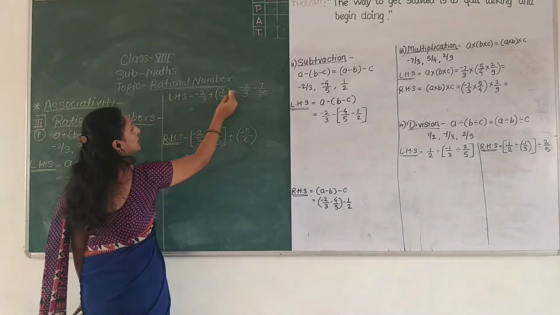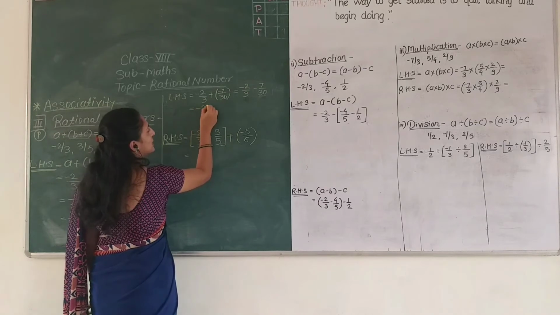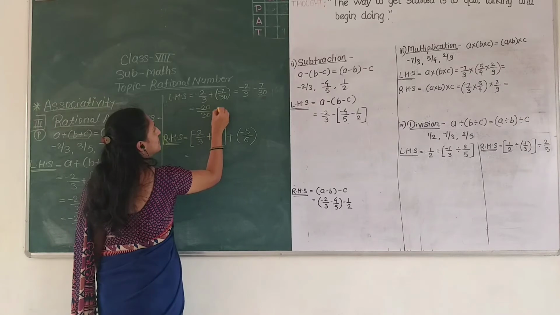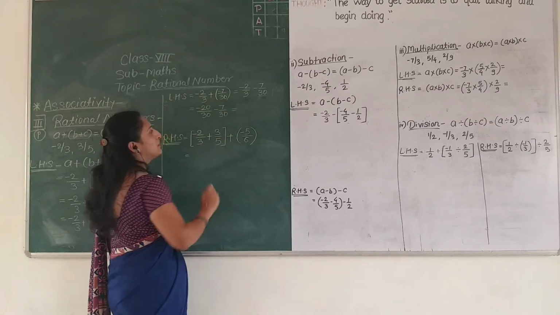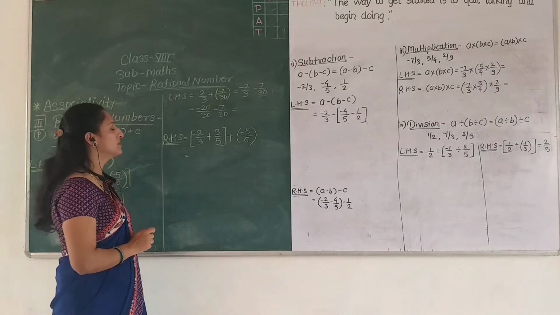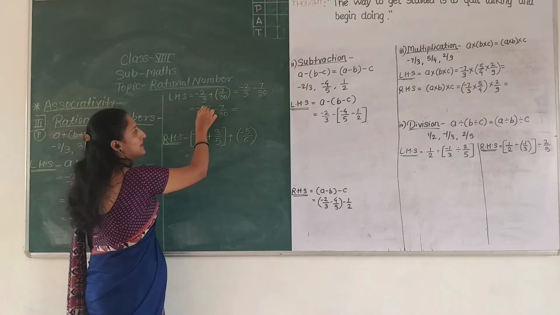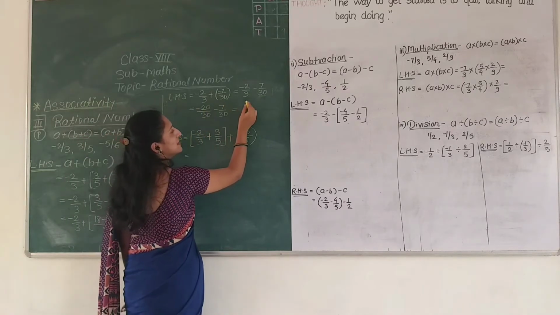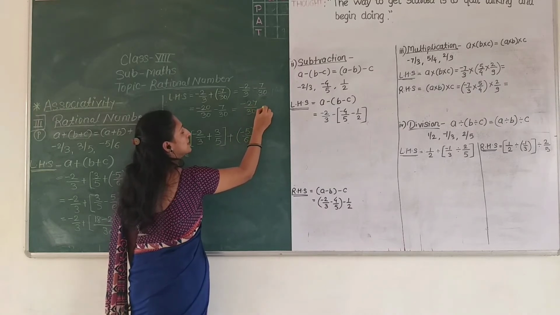Here I multiply the first fraction by 10. We get negative 20 upon 30 minus 7 upon 30. Right? Now the denominators are the same. So negative 20 minus 7 is negative 27 upon 30.